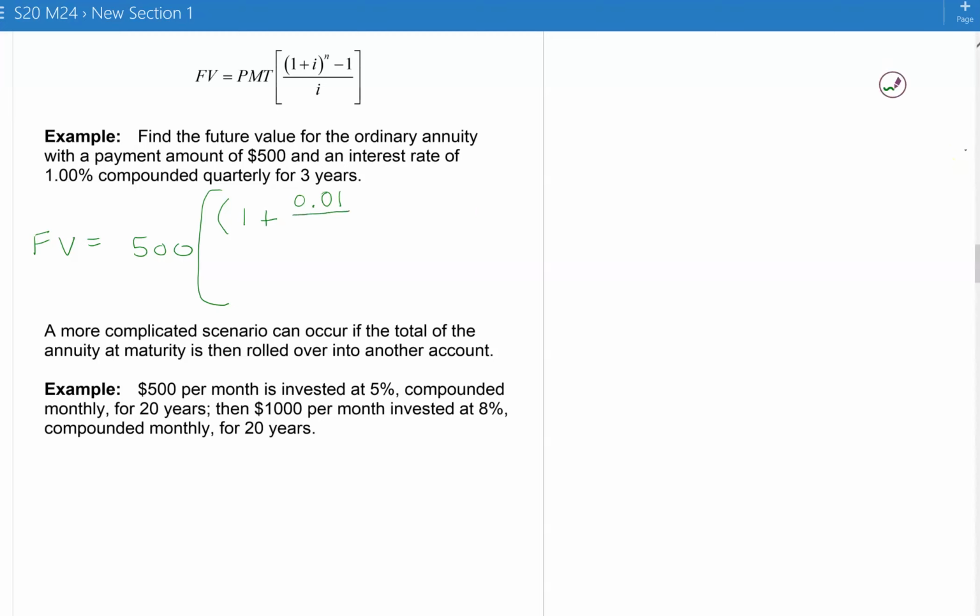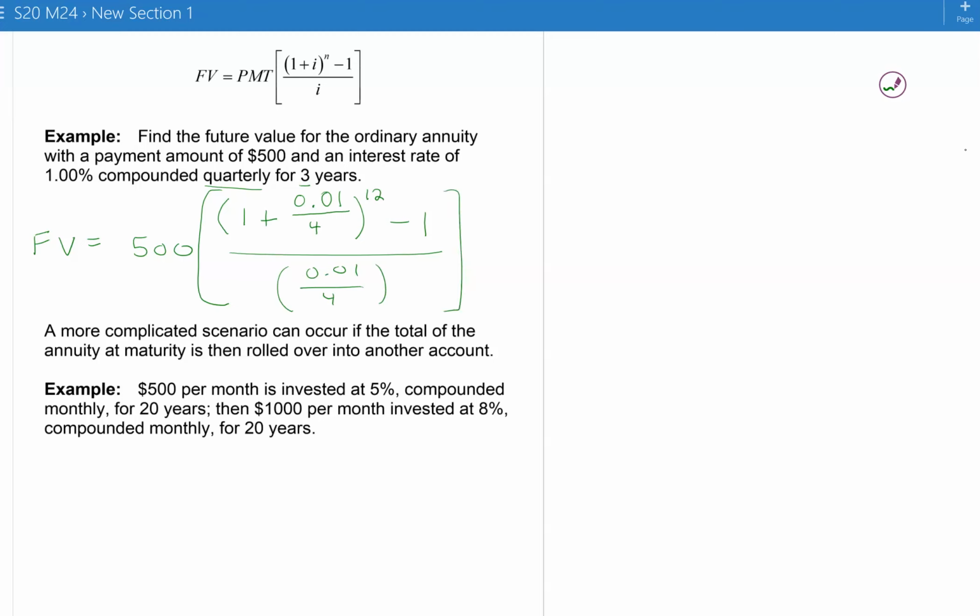Now we're doing quarterly compounding and quarterly payments, so I need to divide by 4 because I'm doing it 4 times each year. Quarterly for 3 years is 4 times each year for 3 years, so that's an exponent of 12. Then I need to subtract the 1 and divide by 0.01 over 4.